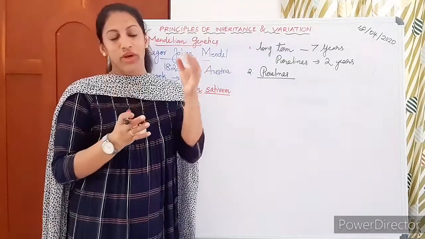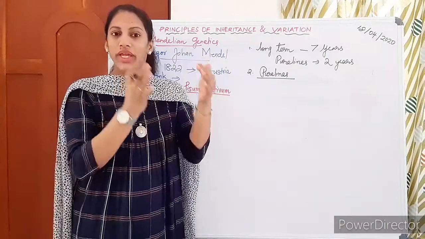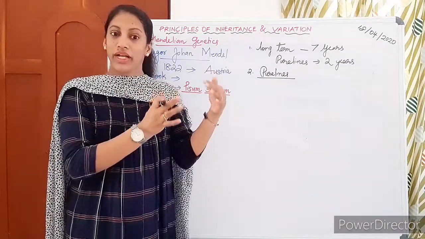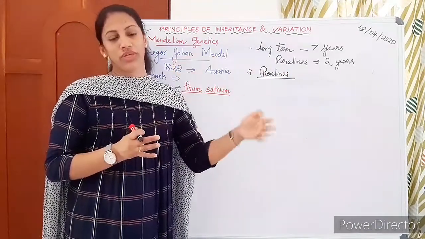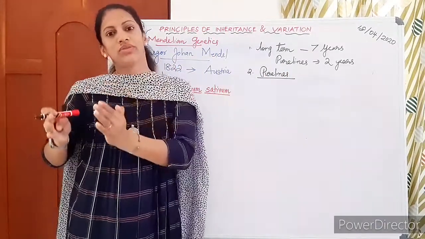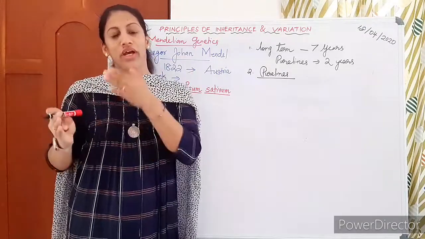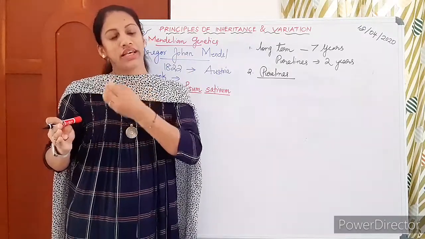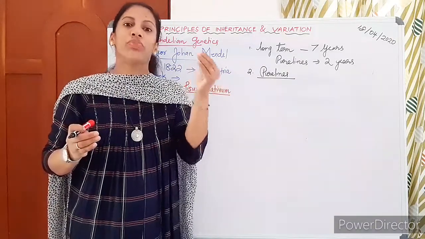So, for example, when he selected a tall plant for crossing, he made it pure tall by continuous self-pollination for many generations, about 2 years. Similarly, he took dwarf plant, or violet flower, white flower, every plant he self-pollinated for many generations to produce pure lines.